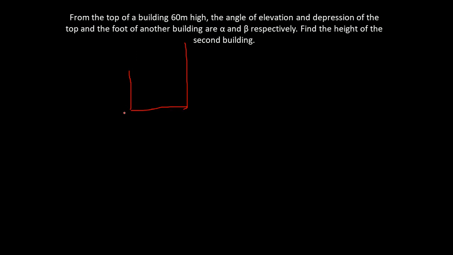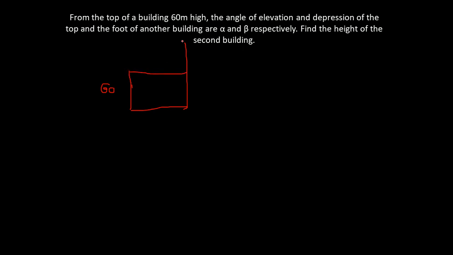It is saying that from the top of the building 60-meter high. So this is the 60-meter. From there, the angle of elevation. For finding the angle of elevation, we need a horizontal line, because this is the angle between a horizontal line and the line of sight.